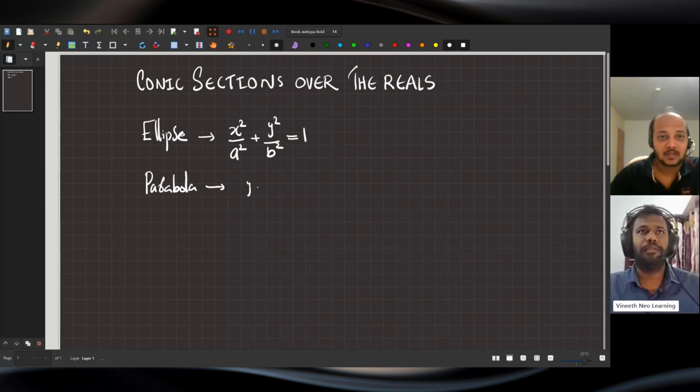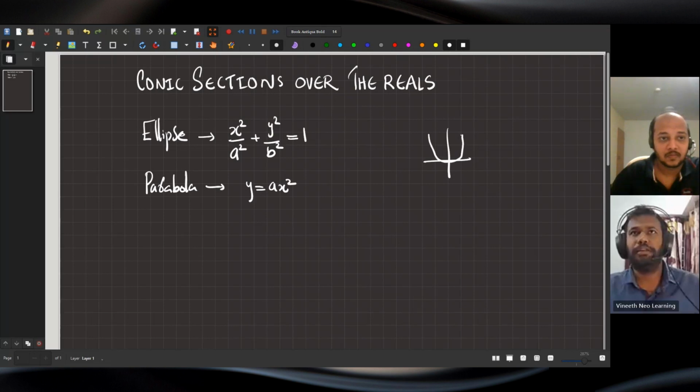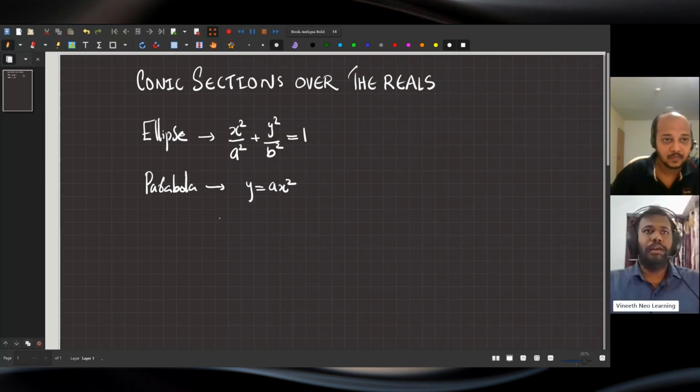For instance, if y equals ax squared, that curve will be like this. Let's not get too deep into the geometric aspect. Let's focus on the algebraic side.